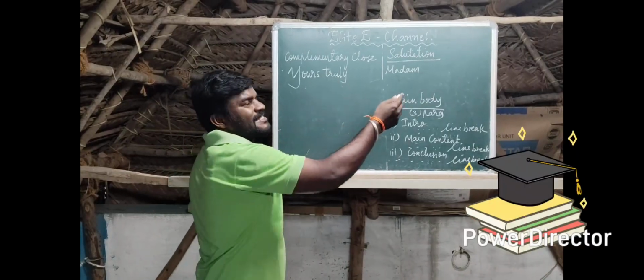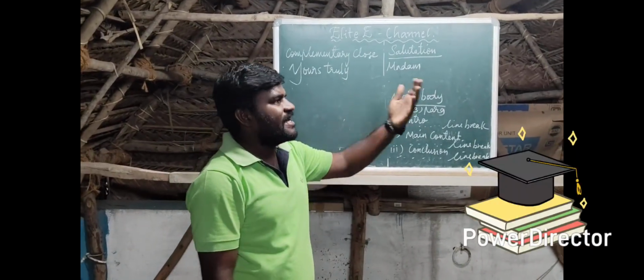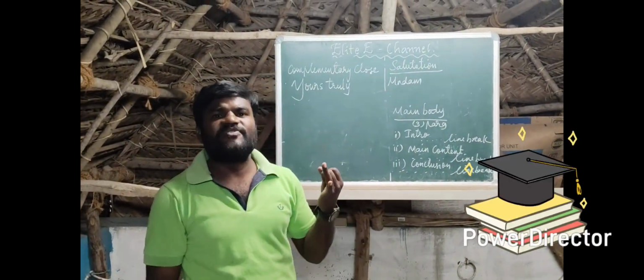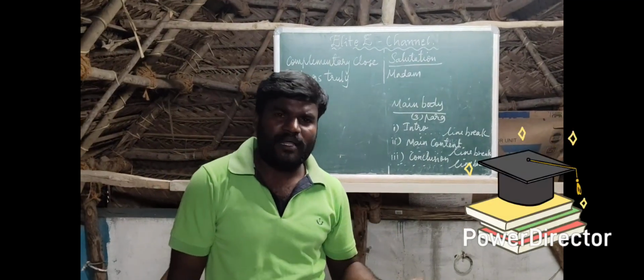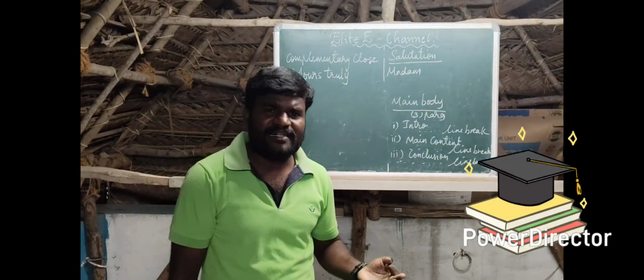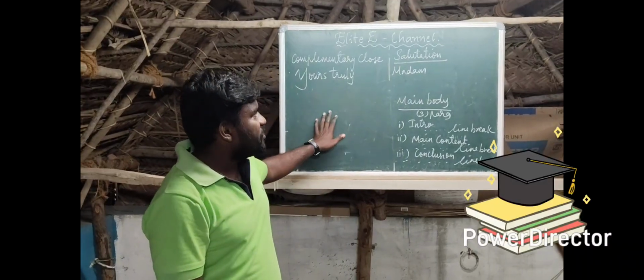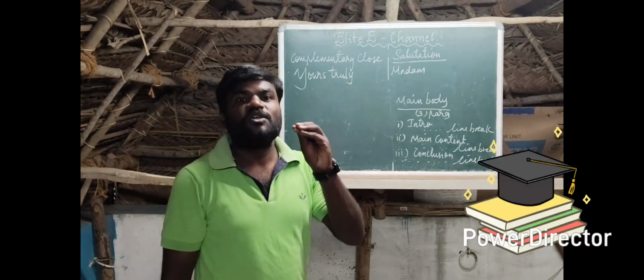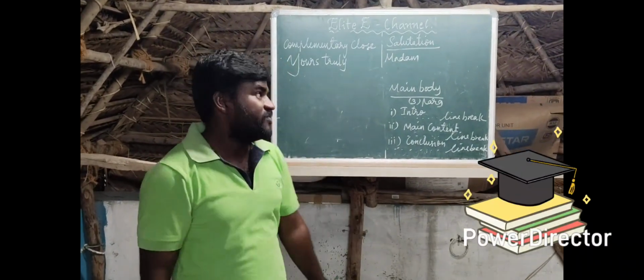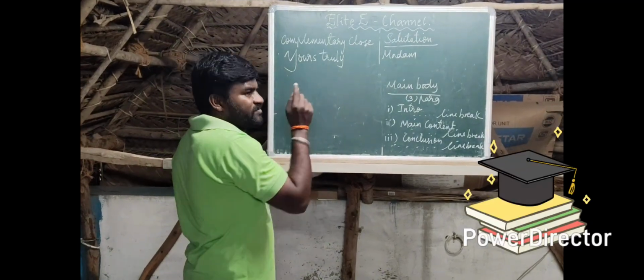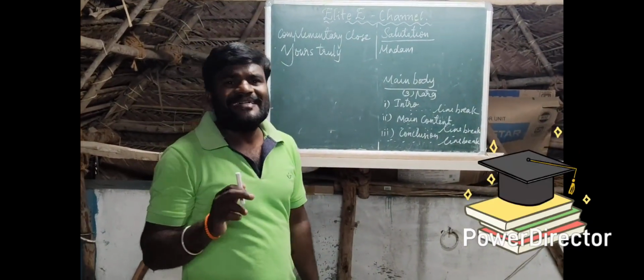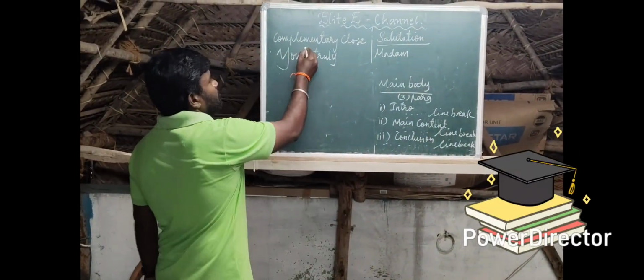If it is any of the other letters, like the inquiry letter or placing an order, we have to use Yours sincerely. If it is a letter to the editor, we have to use Yours truly. Make a note of it. Yours truly, followed by the SND format.